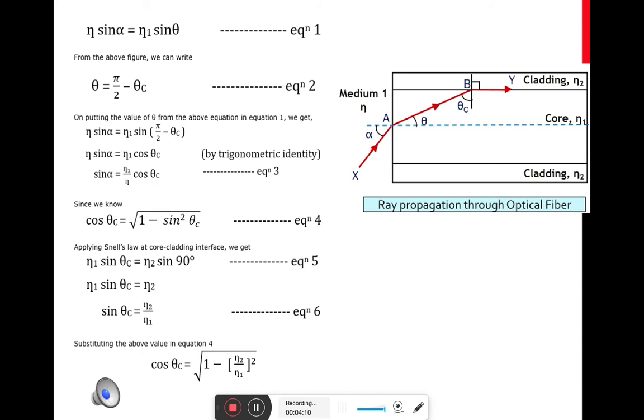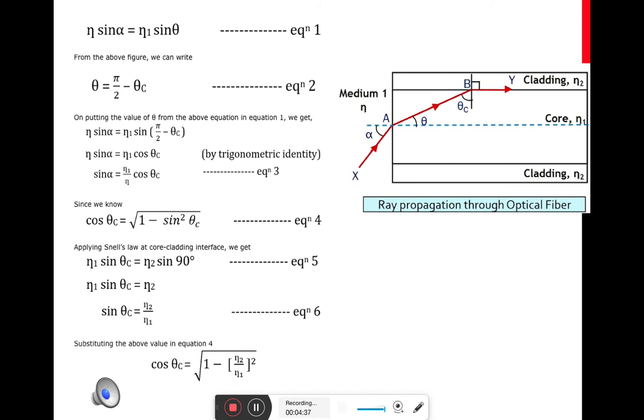Considering a right triangle between the ray AB, the normal, and the fiber axis, the value of theta can be expressed as pi by 2 minus theta c. Substituting in the expression, n sine alpha is equal to n1 sine of pi by 2 minus theta c. Sine of pi by 2 minus theta c is cos theta c.